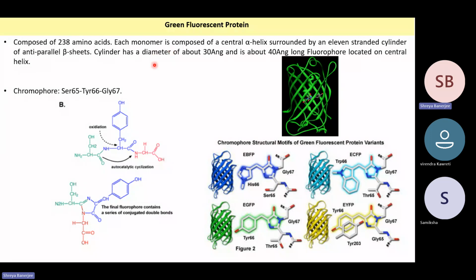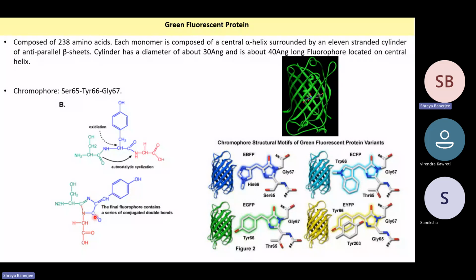And there is a protein called green fluorescent protein, which has three amino acids, serine, tyrosine, glycine. These amino acids form a kind of autocyclization. This kind of a cyclic molecule is formed. And you can see this has alternating single and double bonds, double, single, and so on.